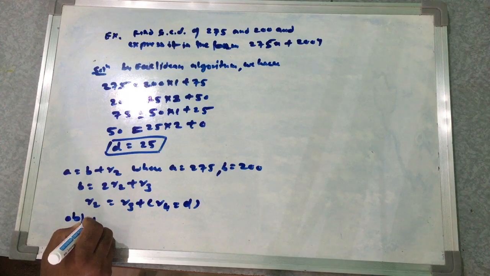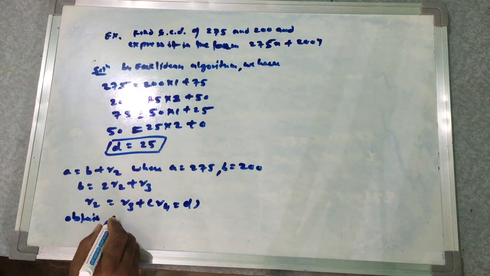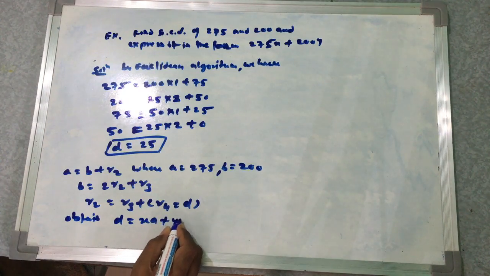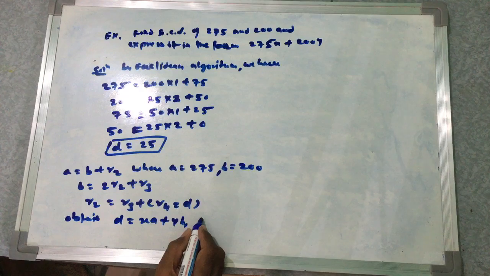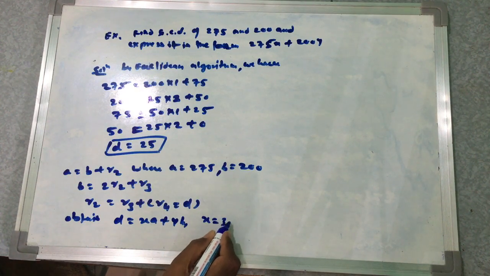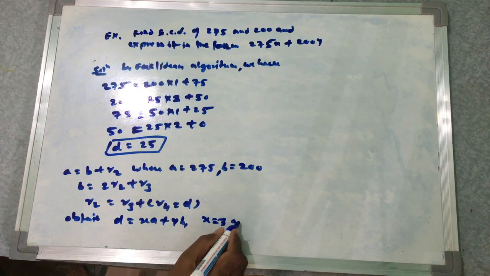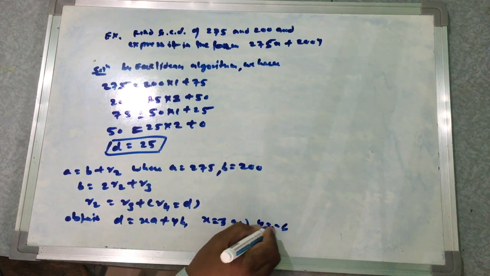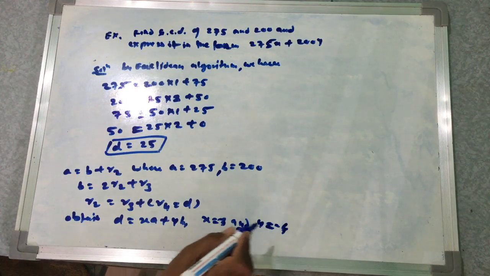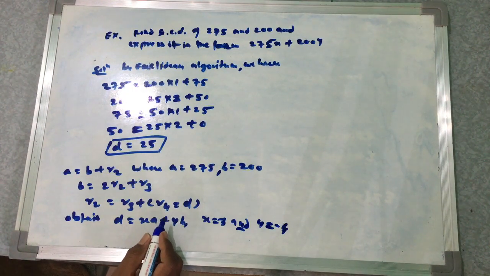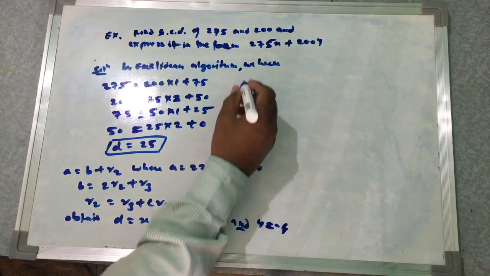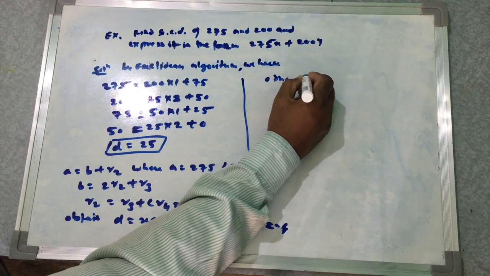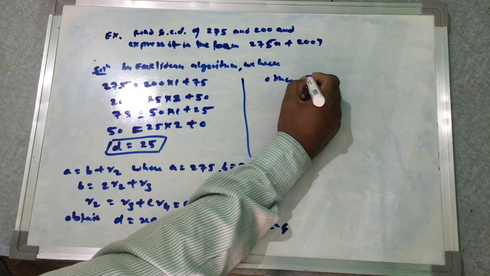Then we have to obtain d is equal to xa plus yb, where x equals 3 and y equals −4. So in this way we have to do the other calculation, the other combination.